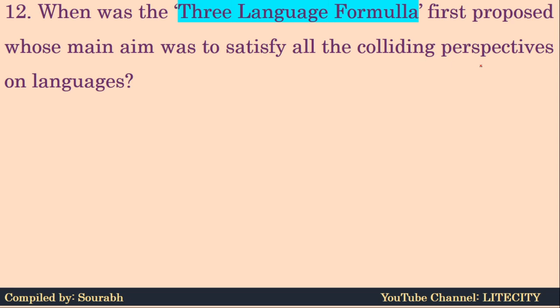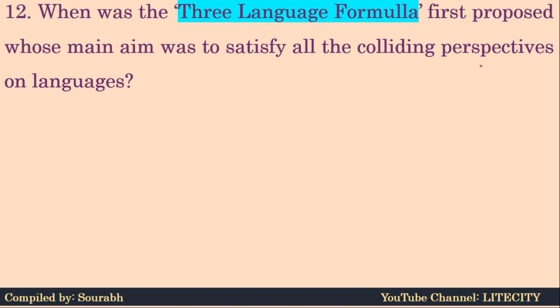Moving to our next question. When was the three language formula first proposed, whose main aim was to satisfy all the colliding perspectives on language? When I say colliding perspectives, I mean to say that there were northern Indians who wanted to keep Hindi as the only language, a medium of instruction, while on the other hand there are southern states, especially all the, we can say, leaders of Tamil Nadu and Kerala, they opposed this particular dominance of Hindi language throughout India.